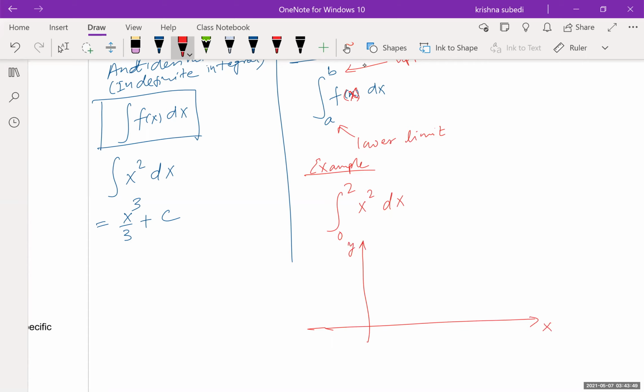the meaning of this is: draw the graph of x squared, which is a parabola opening up, right? This is the graph of f of x equals x squared. And 0 is here, and 1 is here, 2 is here, let's say.